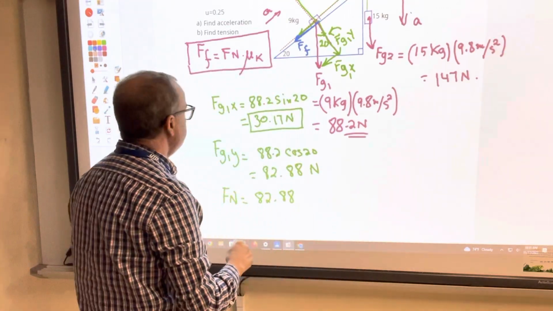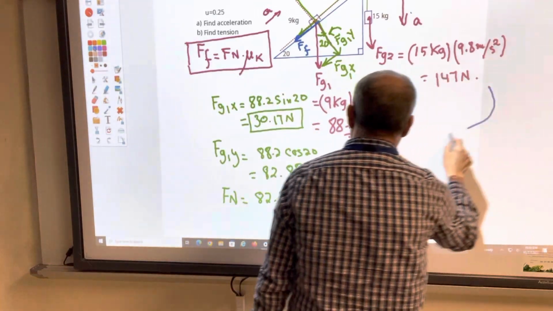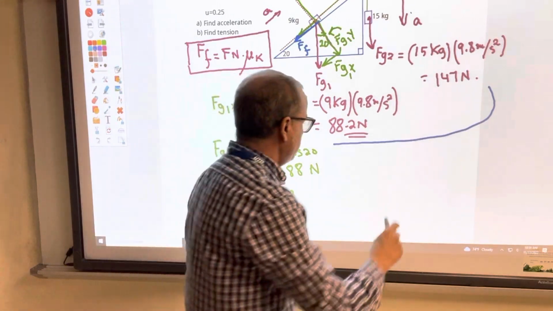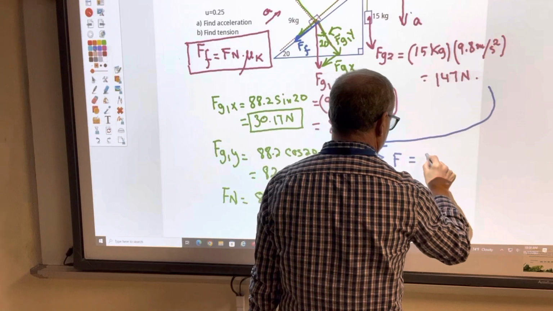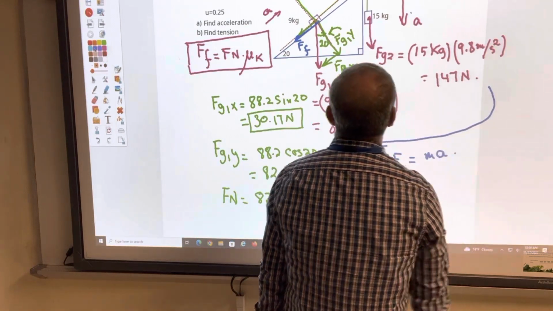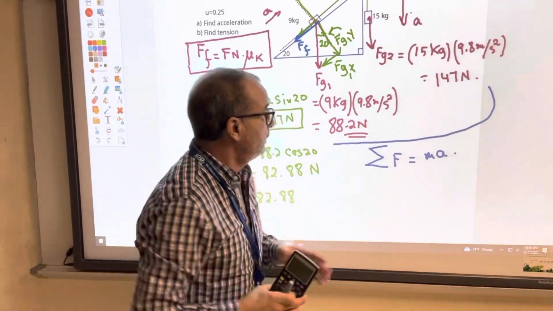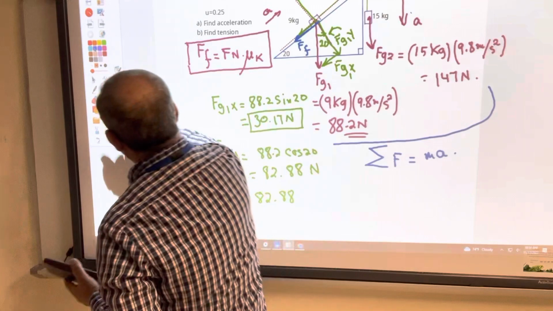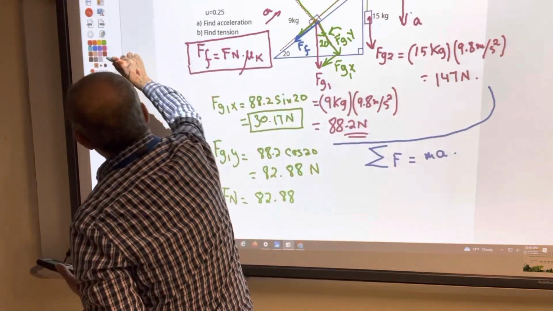All right. So now that I have all my forces, I'm going to use Newton's second law, which is the sum of all the forces equals ma. Now we're going to assume that the whole thing is one system. By the way, we have to put in the tensions.